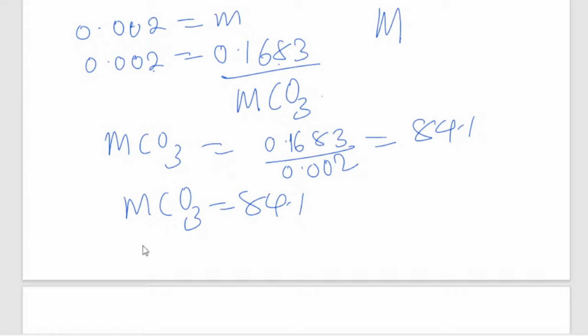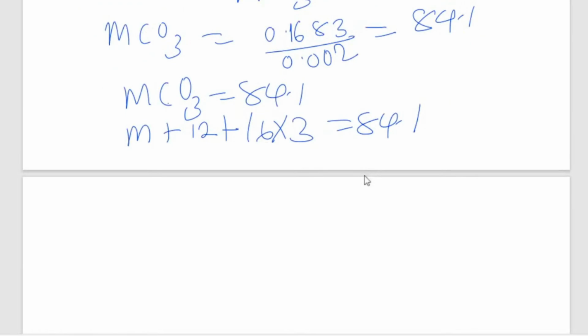But now I need to find out what M is: M plus 12 plus 16, which is oxygen, times 3, is equal to 84.1. Since I've got that, now I'm able to find out what M is. When you add this, it is 48, plus 12 is 60. So the 60 goes the other side: 84.1 minus 60.